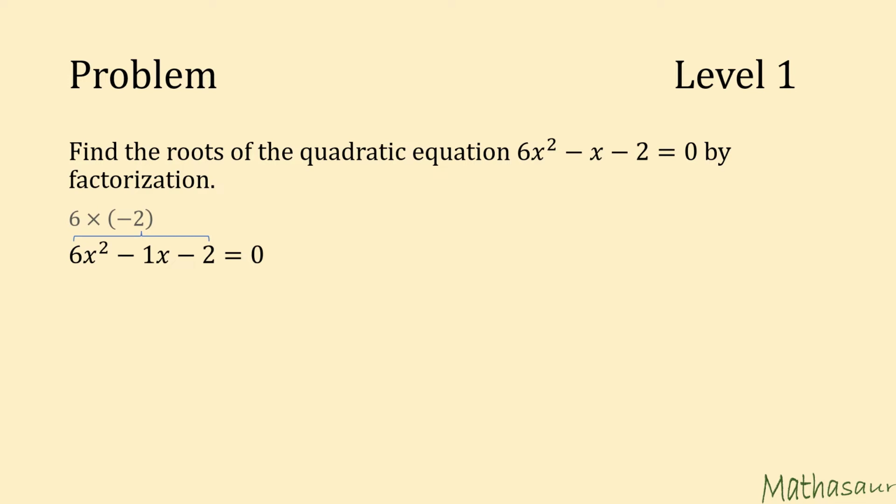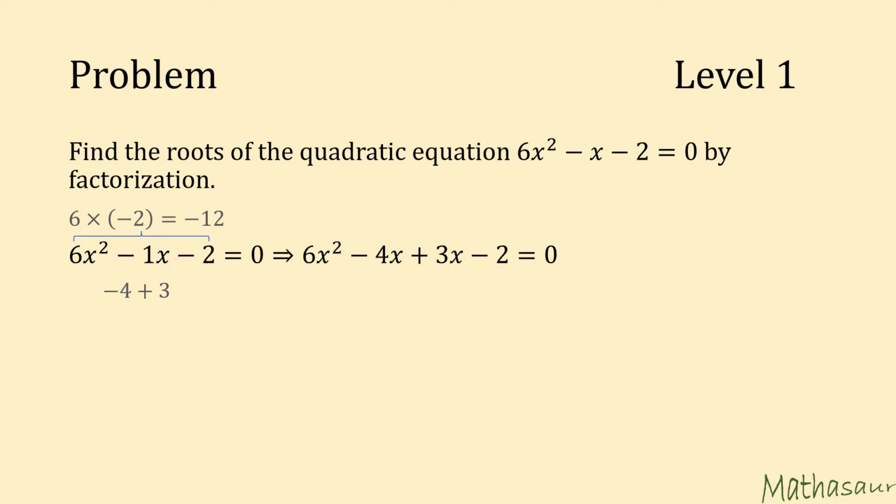So we get 6 times minus 2, which is equal to minus 12. Now we need to find two factors of minus 12 that would add up to minus 1, which is the middle term. So there are two pairs possible, 6 and 2 or 4 and 3. Now which of these pairs would add up to minus 1? Yes, minus 4 plus 3.